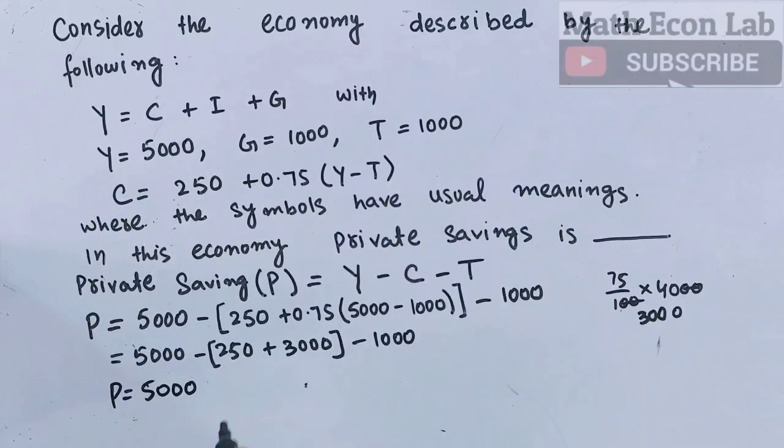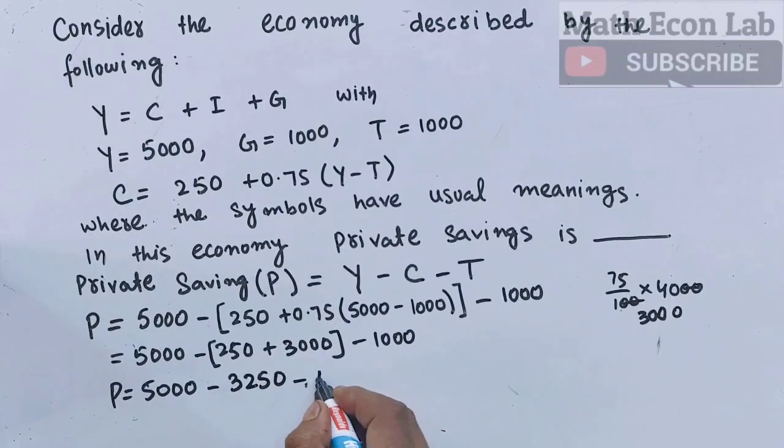That gives us private savings equal to 5,000 minus, then we have 3,000 plus 250, so it becomes 3,250. To this we subtract 1,000.